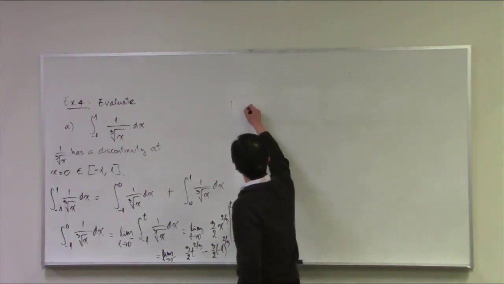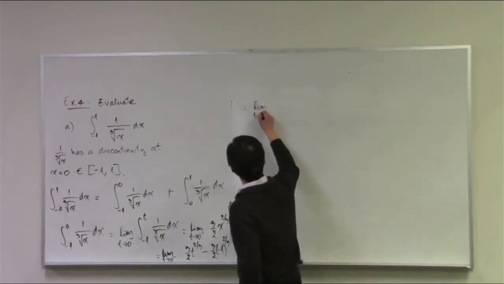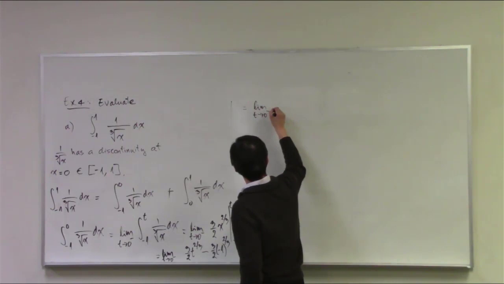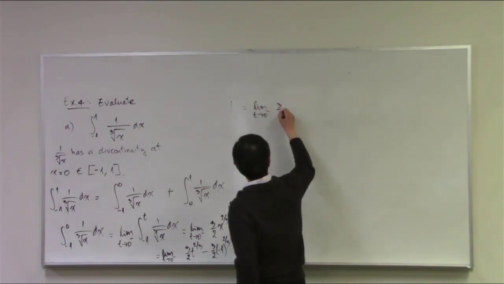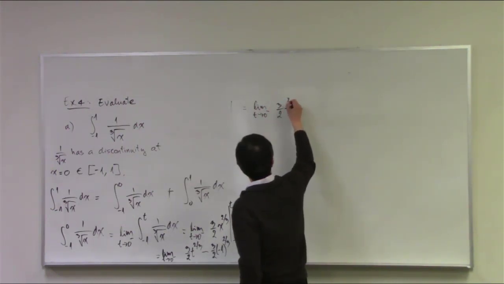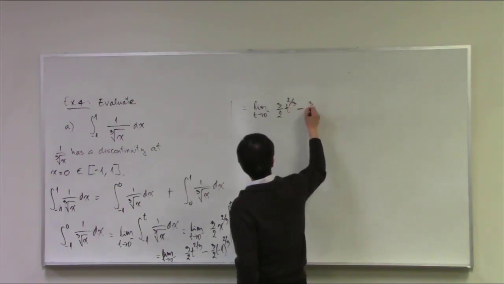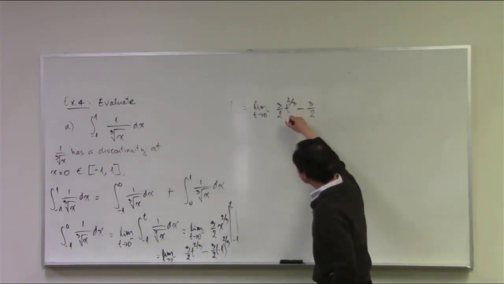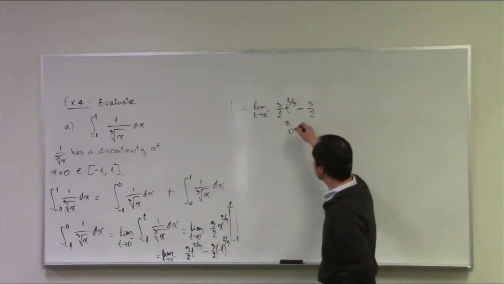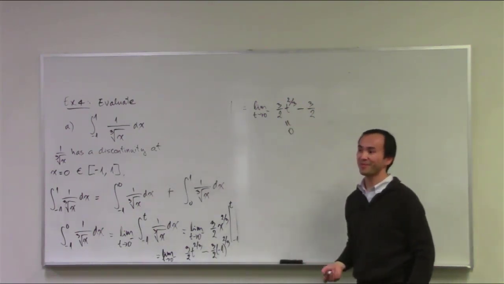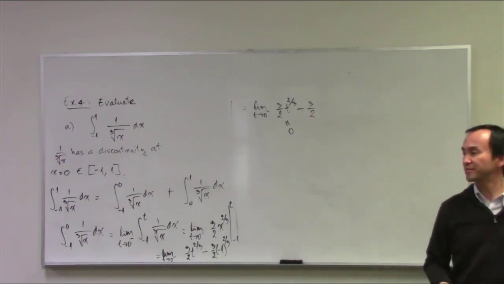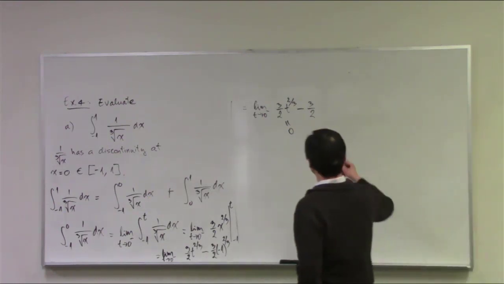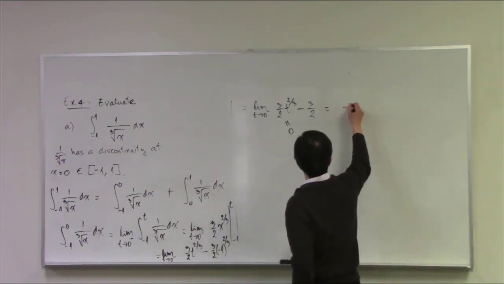So one more step, the limit as t goes to 0 from the left-hand side of 3/2 t to the 2/3, minus 3/2. Basic limit laws allow you to see that the t term goes to simply 0, since it's a power on a simple t. So now we're looking at just minus 3/2.